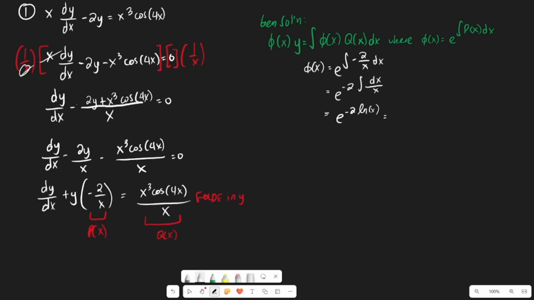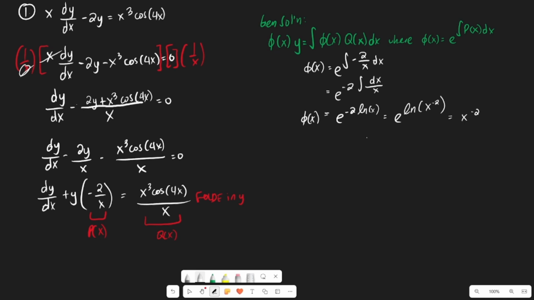So e raised to negative 2 ln x becomes e raised to ln of x raised to negative 2, where we also have the property that e raised to ln of any algebraic expression just gives that expression. So we have x raised to negative 2 as our phi of x.